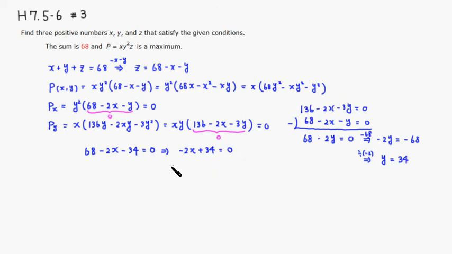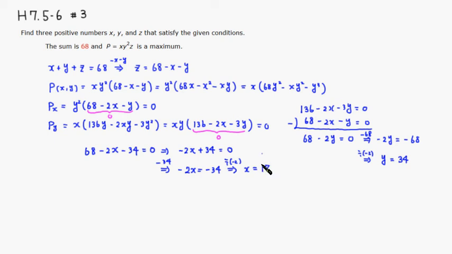Then we can just subtract 34 from both sides. So it's negative 2x is equal to negative 34. Then we can just divide through by negative 2 to get x to be 17. So negative 34 divided by negative 2 would be 17.